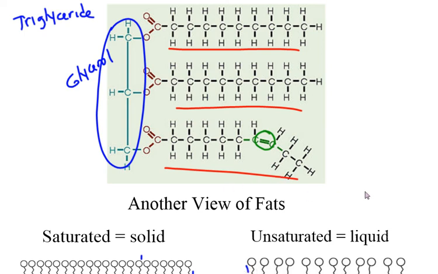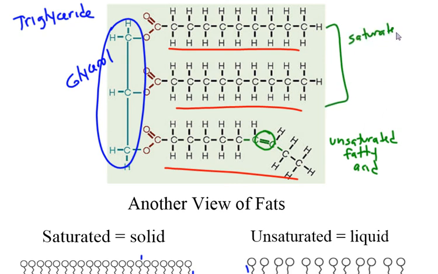This fatty acid is going to be known as an unsaturated fatty acid. And these two, since they are all single bonds, are going to be saturated fatty acids. Since one of the fatty acids is unsaturated, this entire triglyceride will be known as unsaturated.